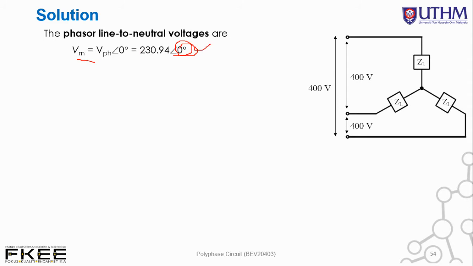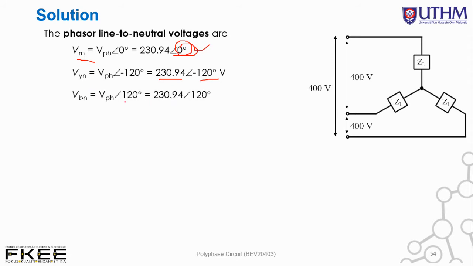Okay, and then VYN, this is the phase with minus 120 degrees away. Again, substitute the value of magnitude that we just calculated. So this is the angle, and then what you're expecting later on is VBN with plus 120 or minus 240. So it's the same location.